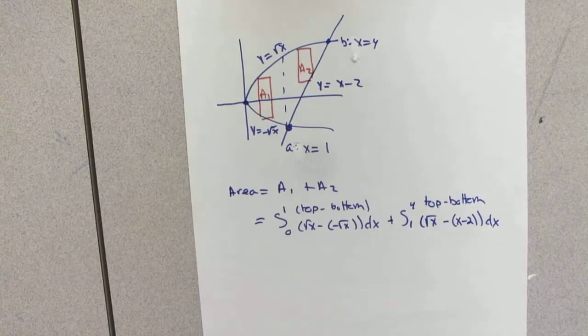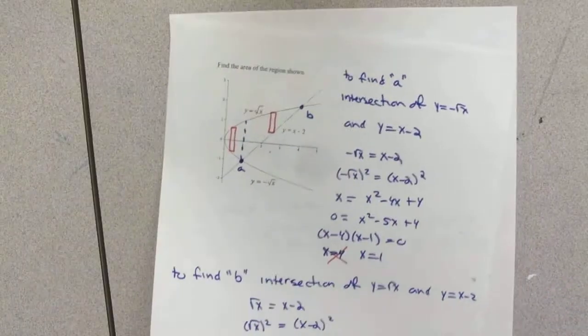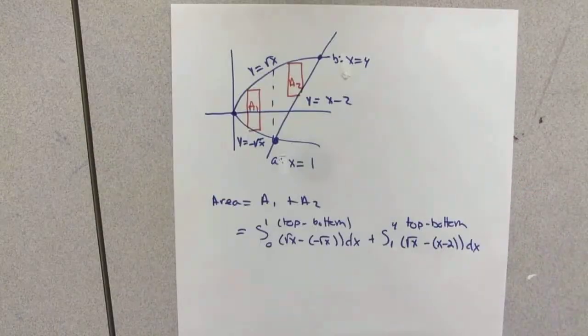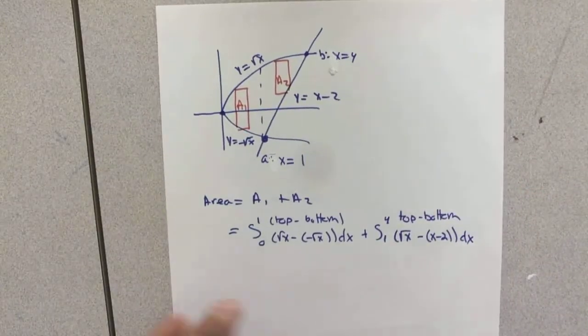So minus parentheses, the quantity x minus 2. The parentheses are vital there because you have to subtract the entire expression that represents that bottom curve, or in this case, the bottom line. You have to subtract the whole thing. So parentheses vital. If I said set up only, there's the end of the setup, where you will very concretely show me how you got those points of intersection, and then you show me the integrals.